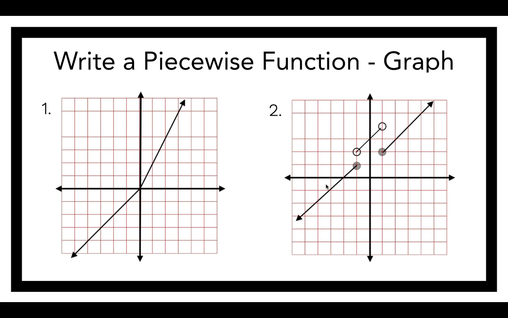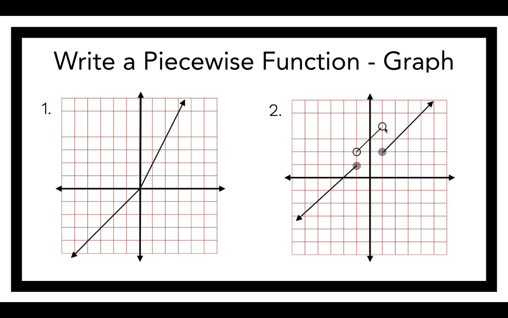So then you have to determine what those domain bounds are. So for that first equation, that x plus 2, that wants all of the x values less than, because it's towards the left, or equal to, because that circle is filled in, the negative 1. For this middle line, it wants the numbers between negative 1 and positive 1.